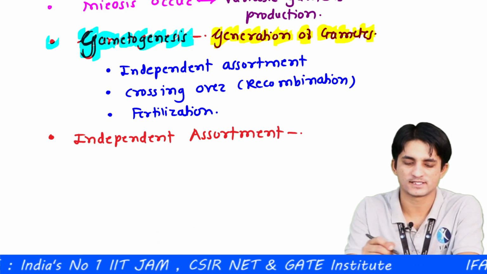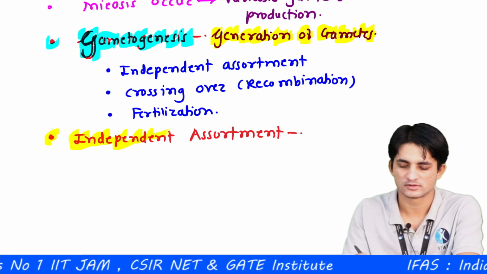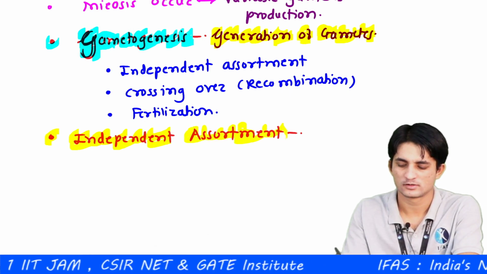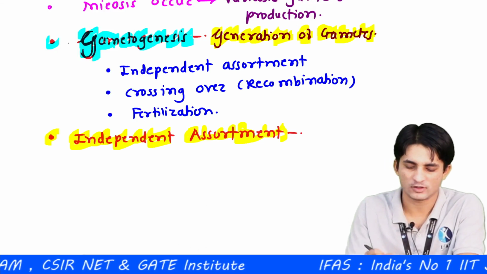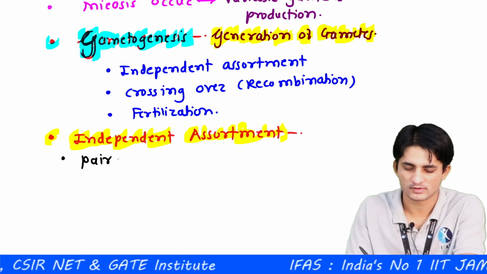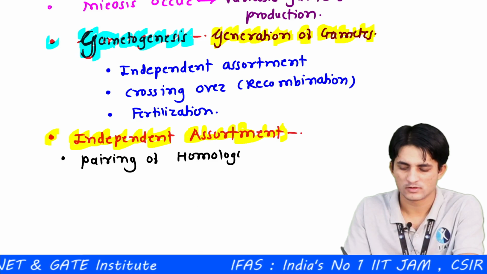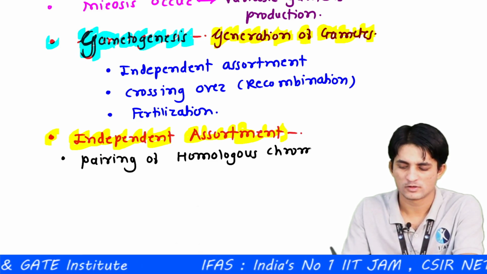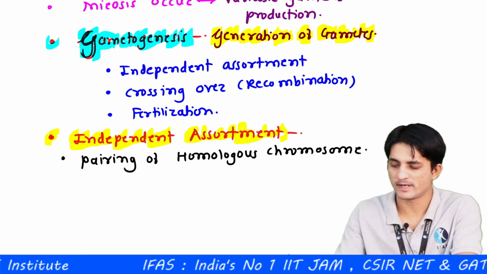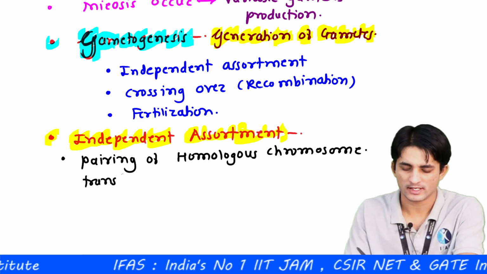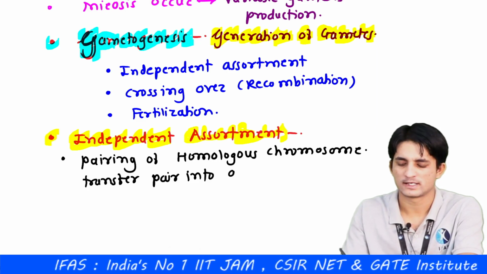The variation is generated because here there is the pairing of homologous chromosomes, and the transfer of pairs into the gamete.